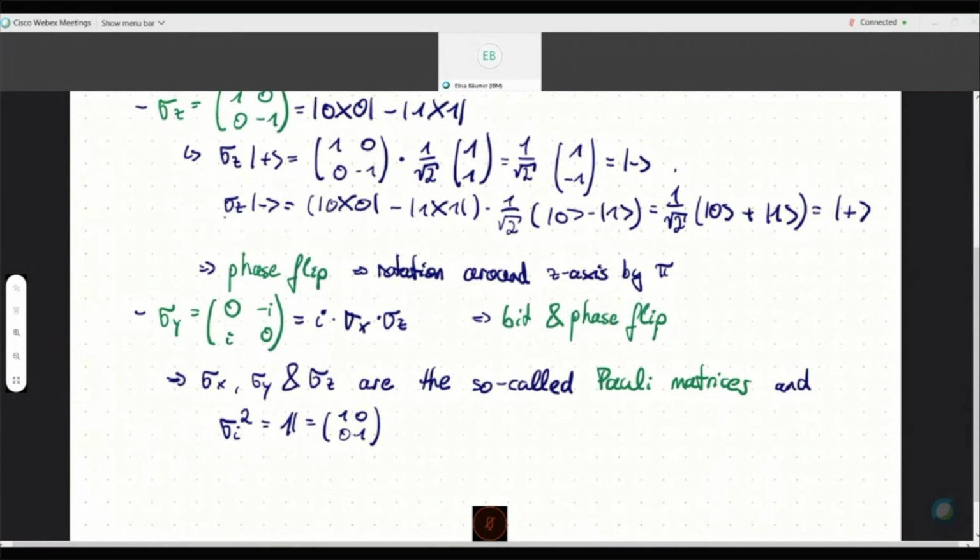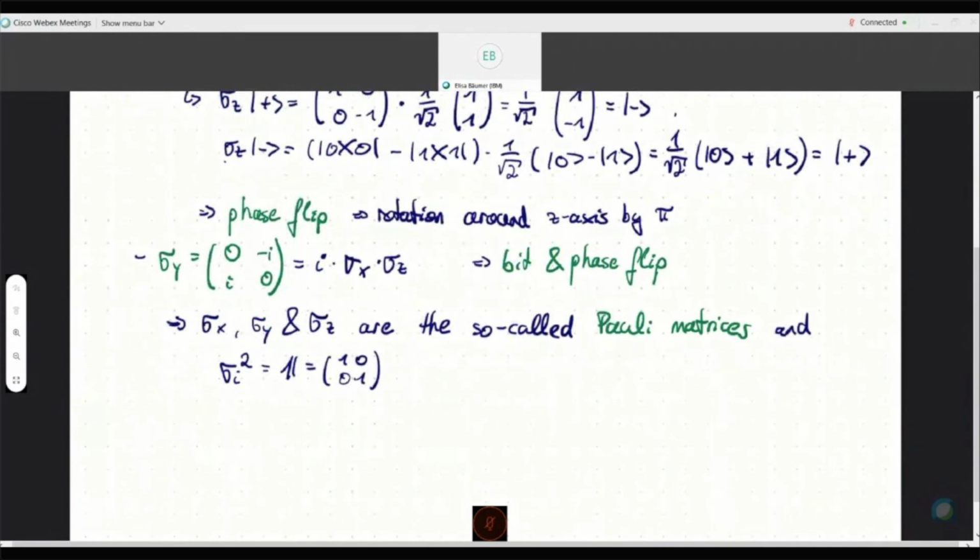So that also tells us that if we apply the same gate twice, we will basically do nothing. So if I apply the sigma x gate 2 times, I have 2 bit flips, and then I will be back at the state I had before, which you can also see on the Bloch sphere because I told you it's a rotation by 180 degrees. If I now apply it twice, I have a rotation by 360 degrees, so it has no effect.